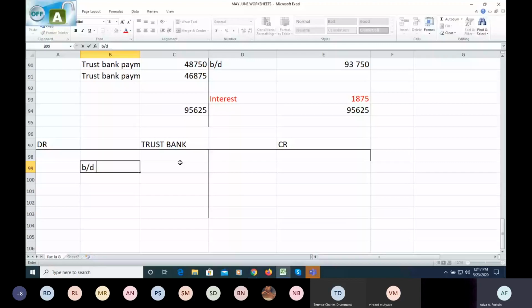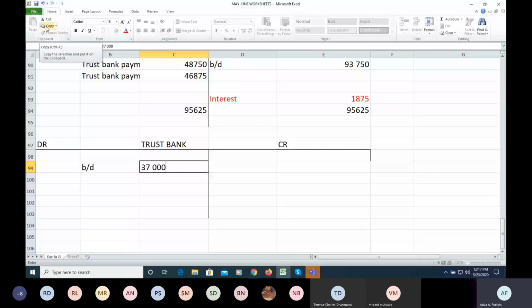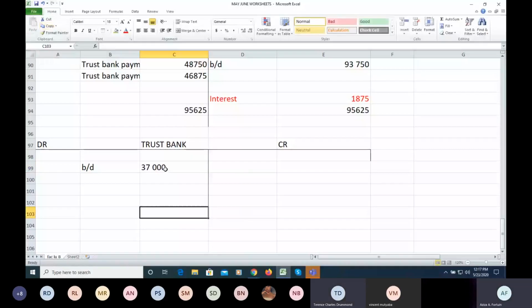Okay, so basically we have a balance brought down of 37,000, which we had from page 139. So there was a trust bank account. Okay, yeah. Does everybody get there? Okay, so now our receipts. Let's just put it here in as receipt.